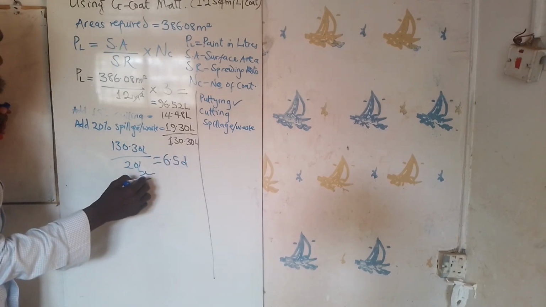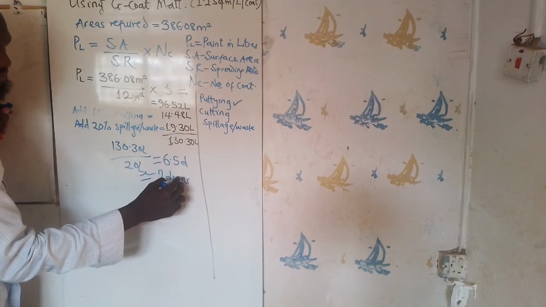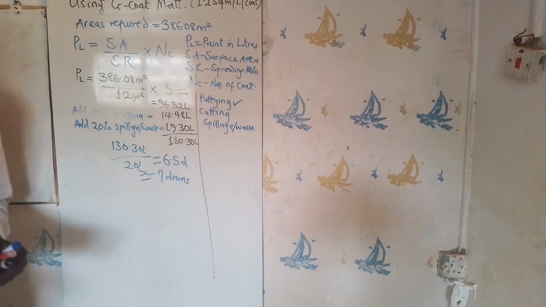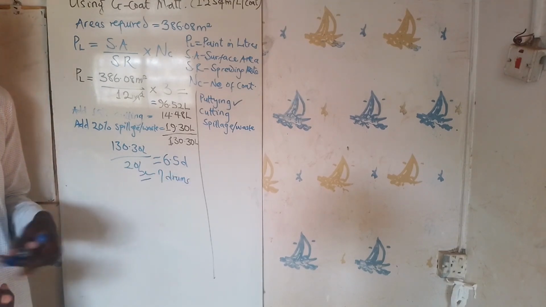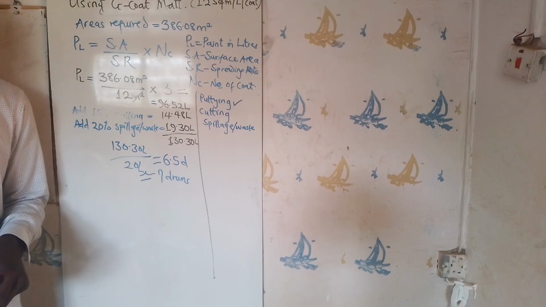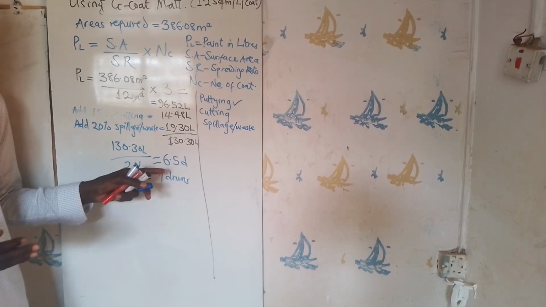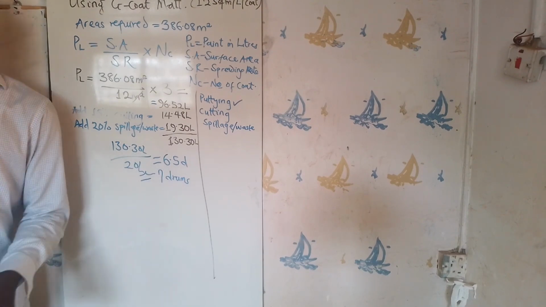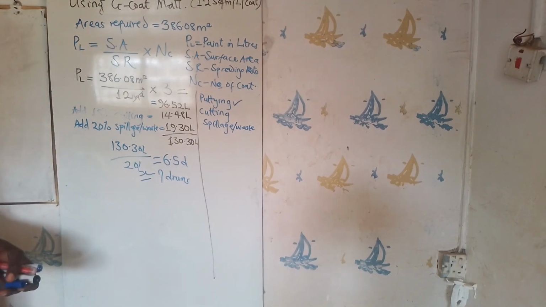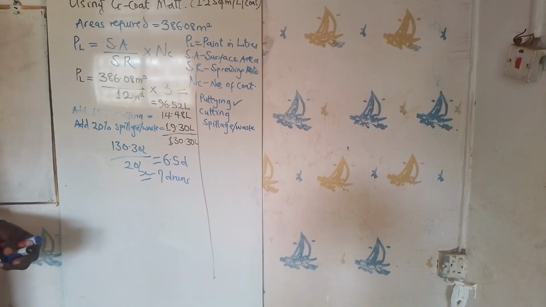So we can say approximately 7 drums of paint. I can say 6 drums and maybe 3 gallons. Most of the time, the cost of the 3 gallons might be close to the cost of 1 drum. So in a nutshell, this is how to calculate it.